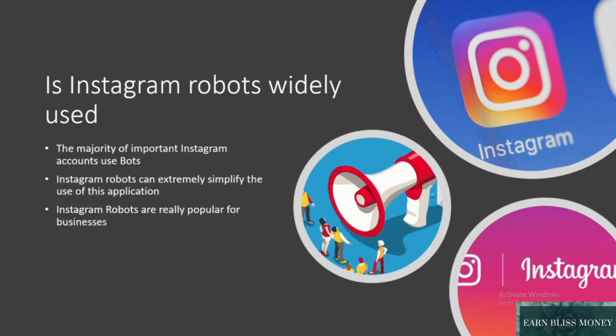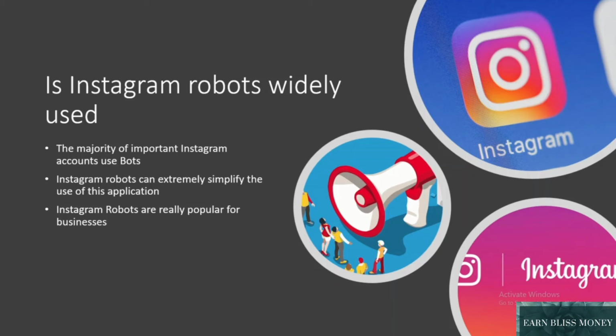They pay a monthly fee for a bot, and this bot will simply post pictures, like posts, follow people, unfollow people, and do what you would otherwise have to do manually. So it takes the job of one person at a fraction of the cost. It can cost maybe $20 a month for them to run all those applications. For high quality bots, it can cost up to $100 a month. But once again, it depends how much you're ready to invest.